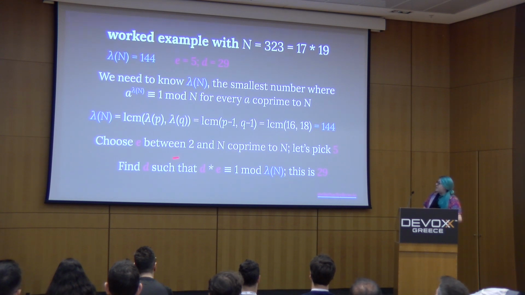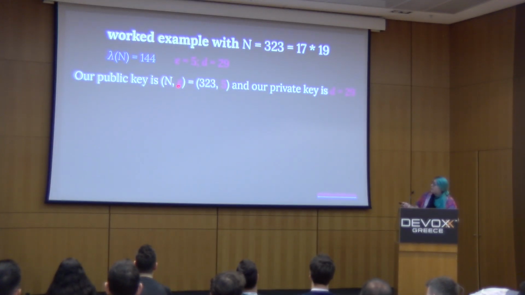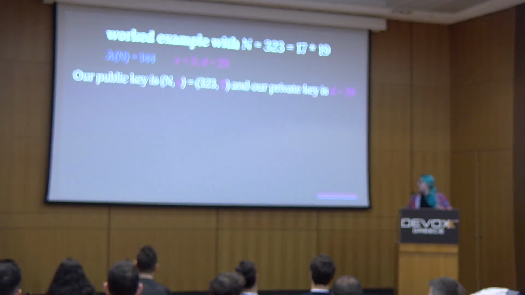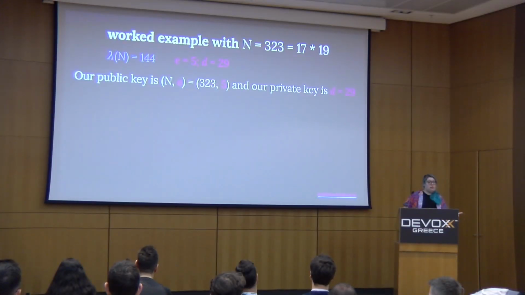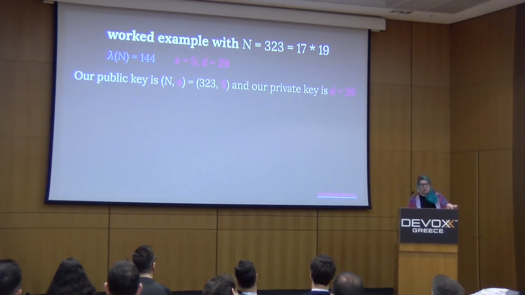So yeah, these are some parameters that we are going to use to do our calculation. And these are properties that essentially arise out of, so when we publish our public key, e is part of our public key. So if I want somebody to send me a message encrypted with this system, I say, okay, my big number n is 323, and my little number e is 5. And we keep secret that number, d, 29, that we multiply by 5 to get 145.